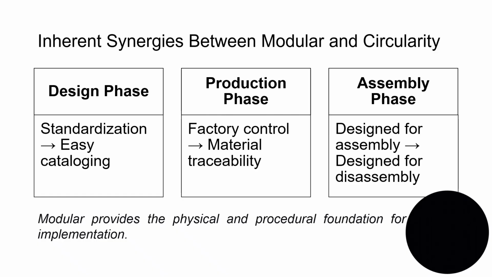Factory manufacturing provides material traceability that is nearly impossible on traditional sites. Essentially, modular gives us the physical and procedural foundation for circularity.